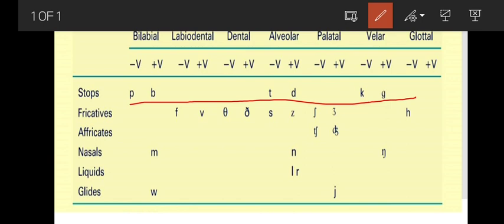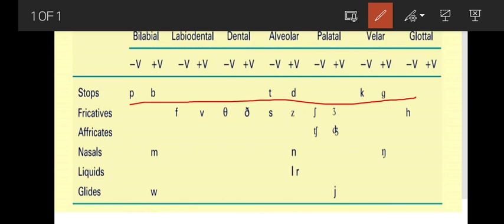It is just a kind of explosion in your mouth, and you feel it. k, t, k, p, t, d. These are also known as plosive sounds, like in the word ten.